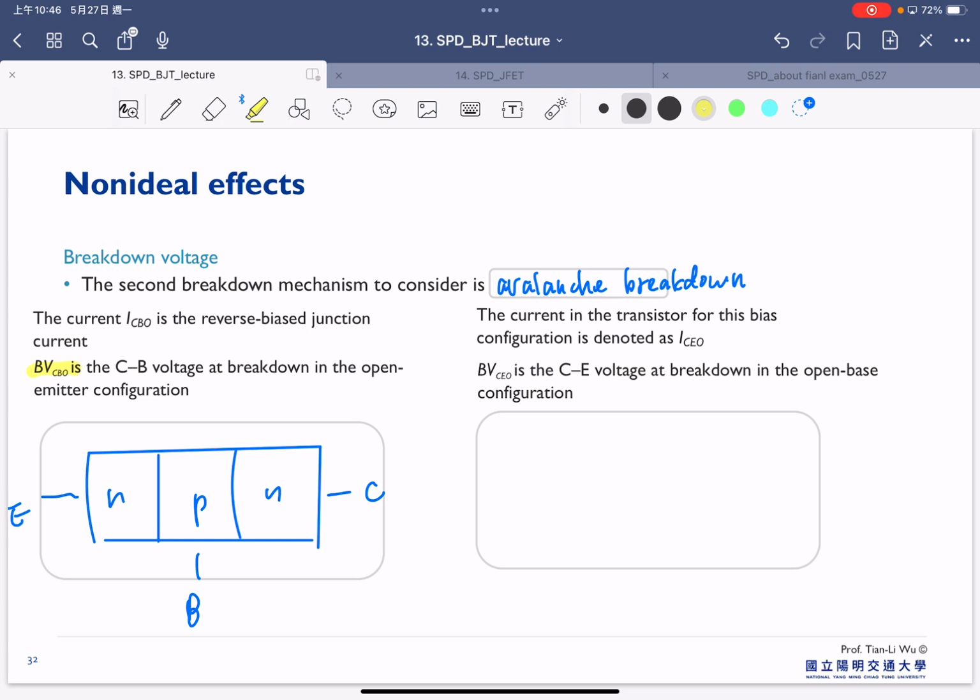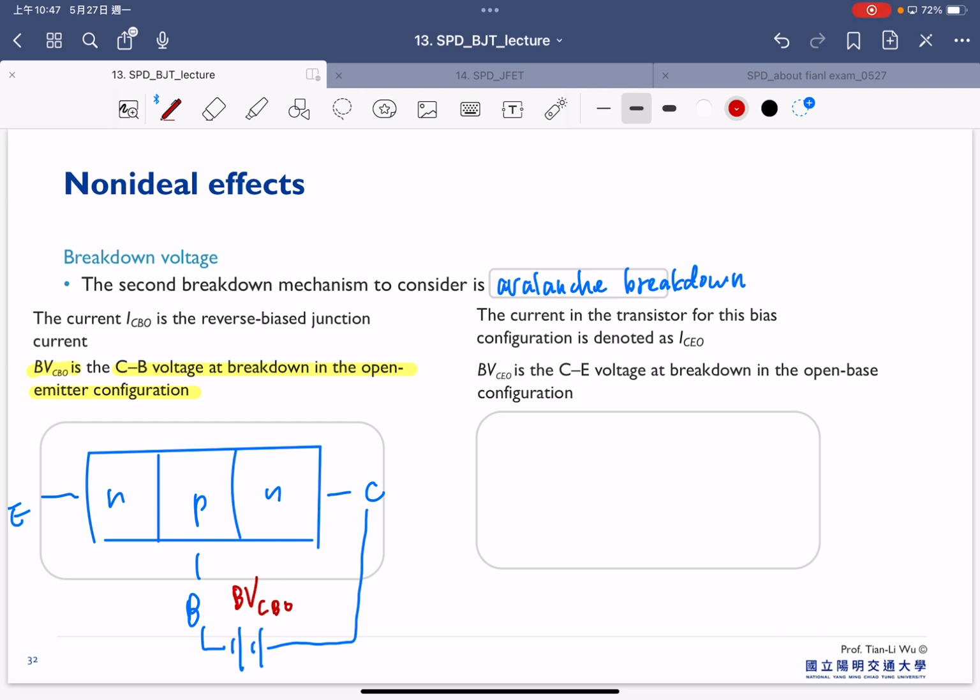It's a breakdown in the open emitter configuration. So that means this is a breakdown between the base and collector, and that's what we call BVCBO.